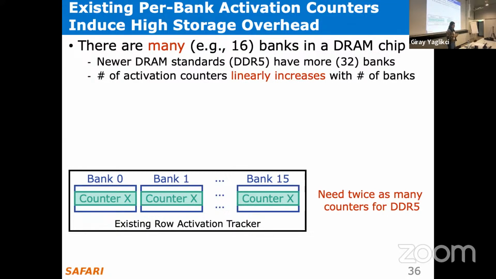So what we are trying to do is come up with a mitigation technique that scales well when we increase the number of banks. Our observation is that the DRAM rows with the same row IDs are usually activated similar amounts, and therefore we are grouping them together and using just one counter. Does that answer your question?